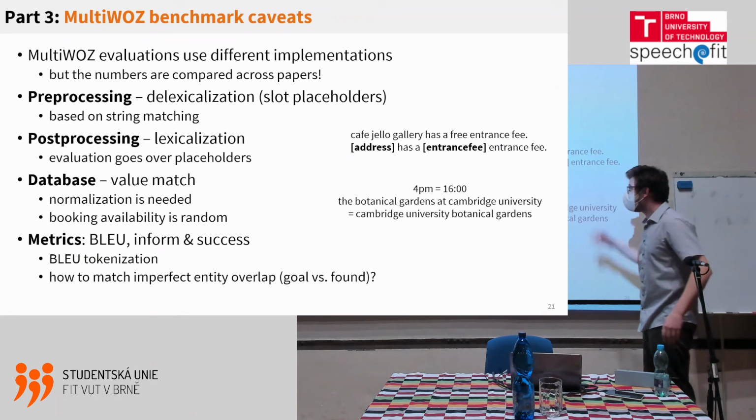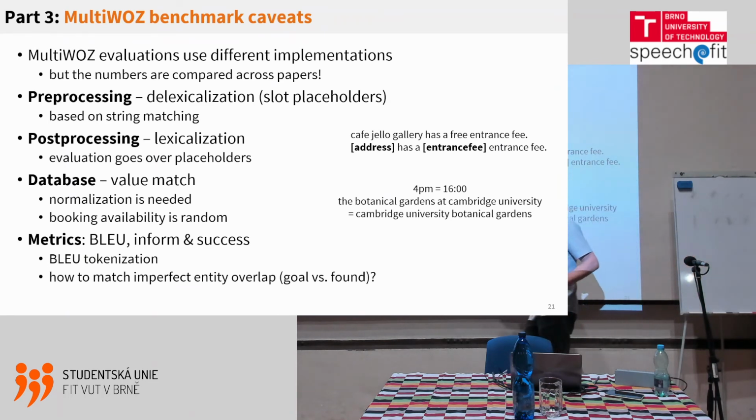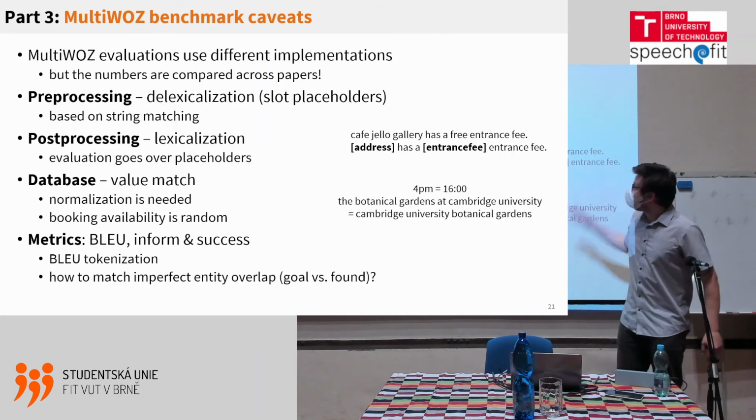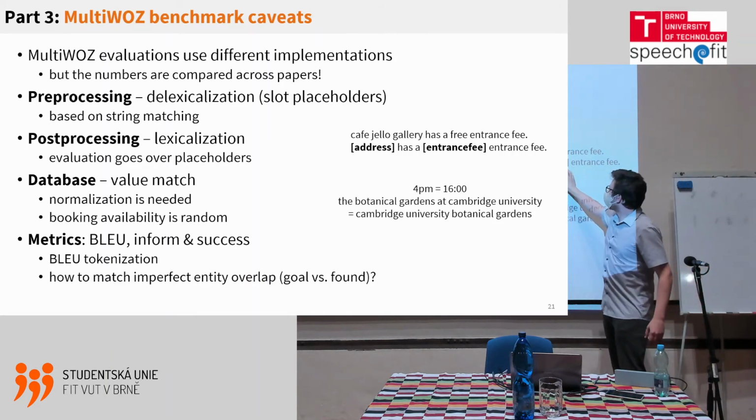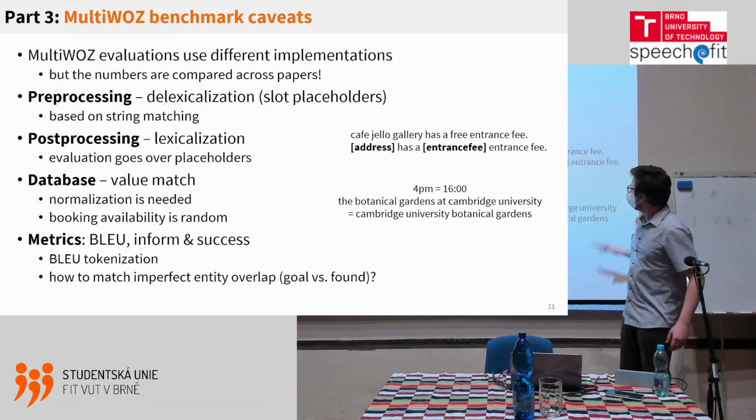The problem is that even on the same data set, so if you look at the MultiWOZ data set which I was talking about, there are many different implementations of the evaluation, and we found that they are really incompatible. One problem is those slot placeholders, so different systems do it differently.